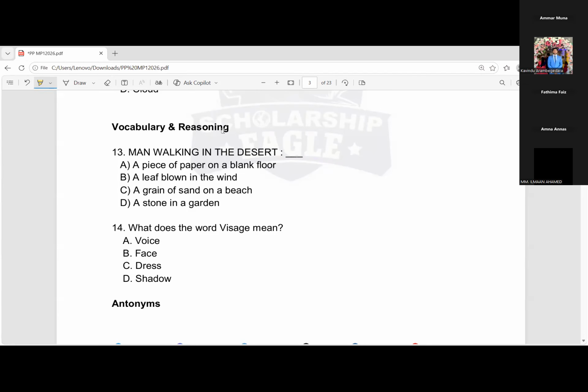Okay, when we read those answers, we can get to a conclusion that smallness compared to vast place. Okay, but if we take that to guess the answer, it's hard because all those answers are similar to it. But here we can notice one word, walking. That means a movement. Okay, now we can choose one answer which has a movement.